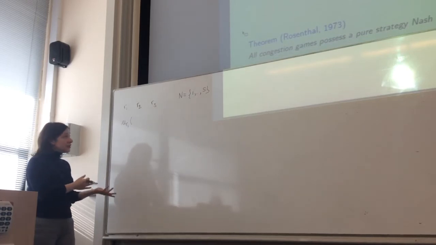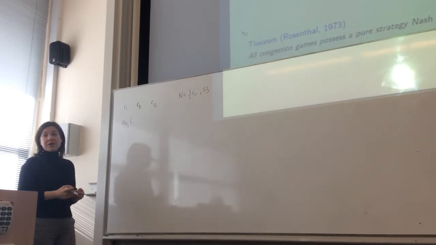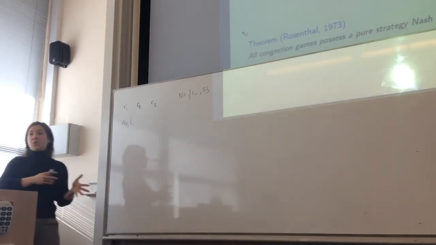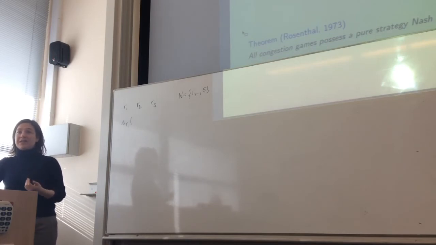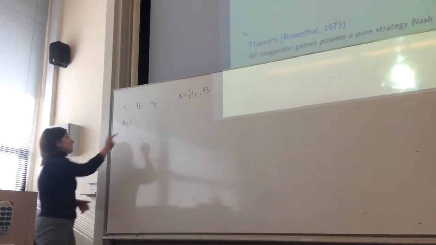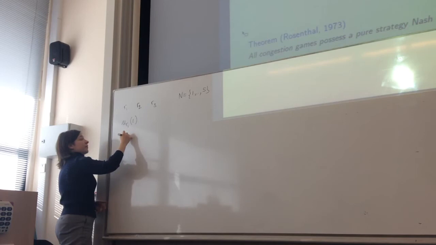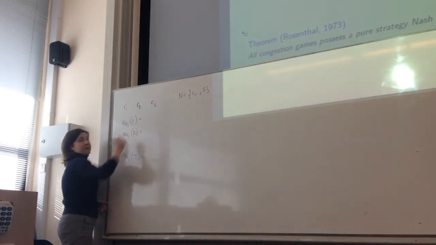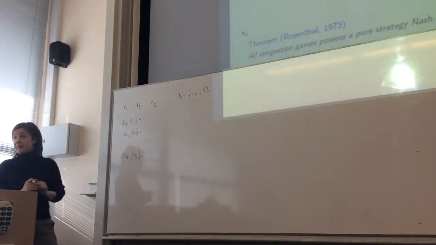If there are 0 users, we may have a convention that the utility will be 0, but in fact, we don't need to define that value because it will not appear in the utility function of any of the users. Right? If I use that resource, there is already a congestion of at least 1. Right? So we need to define these, and so on for each of them.